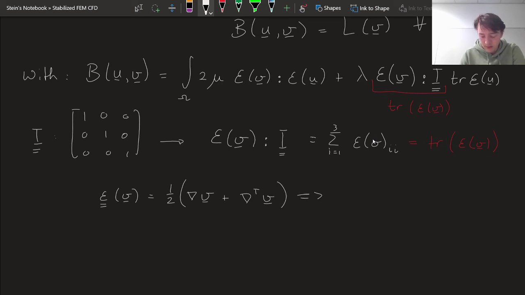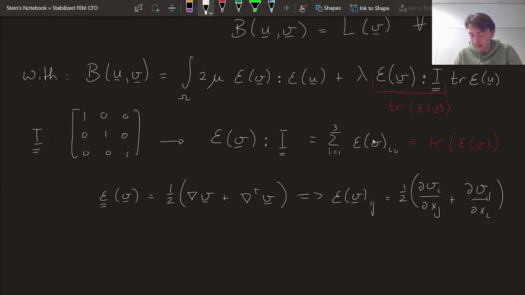So epsilon v ij is equal to half of partial vi partial xj plus partial vj partial xi, which means epsilon v ii is equal to half of the same thing twice, which kills the half, so it is simply partial vi partial xi.